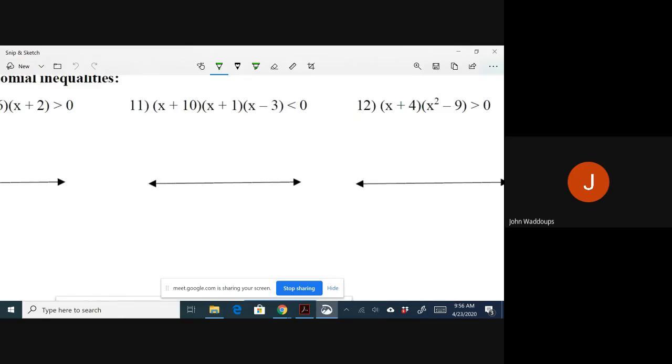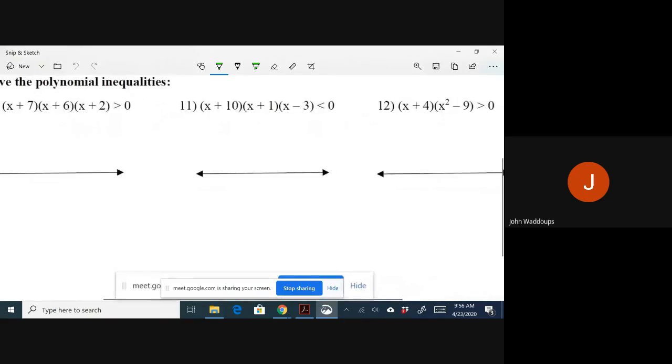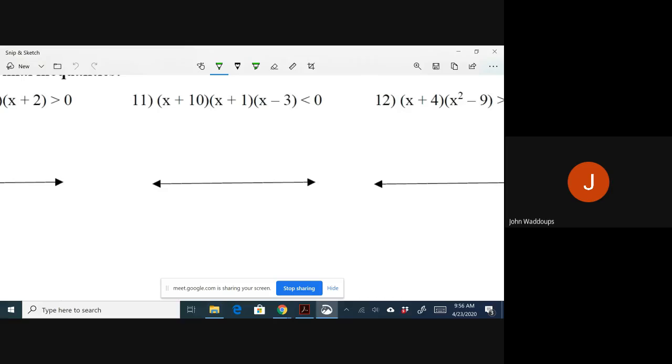Okay, once again, with number 11, the nice thing about number 11 in this case is that it's already factored out, so we don't have to factor it. We've got x plus 10, x plus 1, x minus 3. And so we can just take each of the numbers that results from that.